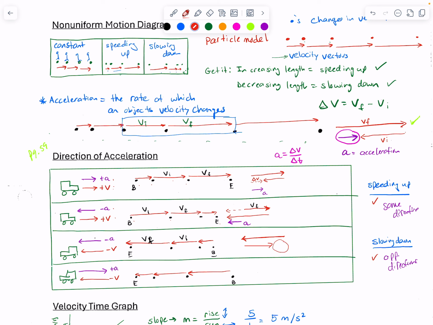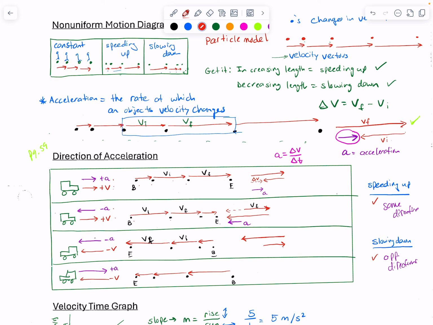Right, good so far. Actually, it wants me to do it a different way. I'm going to do it the way the books tell me to do it. I'm going to change my velocity initial to go this way, which is fine.